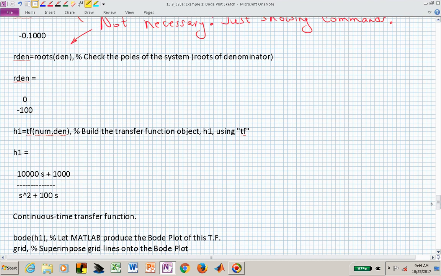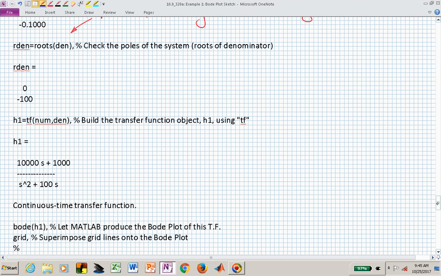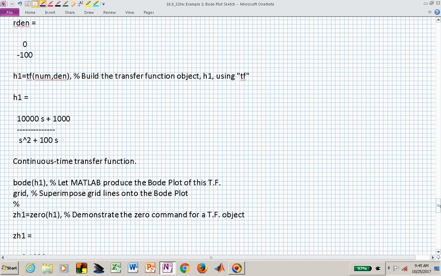Here's how difficult it is to create a Bode plot. Now we just enter the function Bode with the argument H1, and it will produce a sketch of the magnitude and phase. And I'm just saying give us some grid lines so that we can maybe infer what's happening.